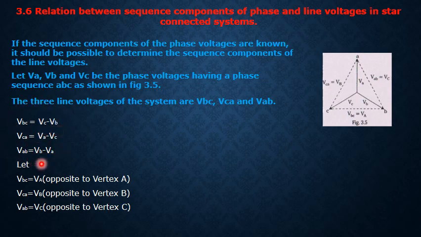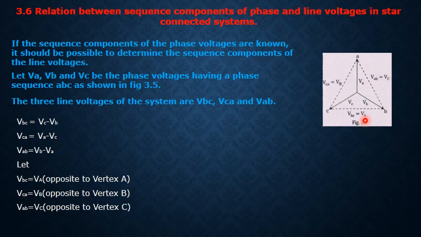Let us consider these line voltages in terms of their vector form. Let us represent VBC as VA with a capital letter A. There is a slight difference between line voltage and phase voltage: the phase voltages are represented by small letters, whereas the line voltages are represented by capital letters.